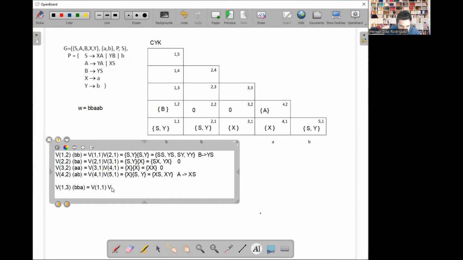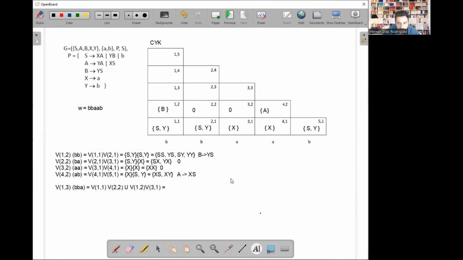And to create this, we can do it checking what we have in the position 1, 1, right? Chained with what we have in the position 2, taking two variables, or we can do it taking what we have starting from the first character, taking two characters, and then starting in the third one, taking one character, right? These are all the possible combinations.